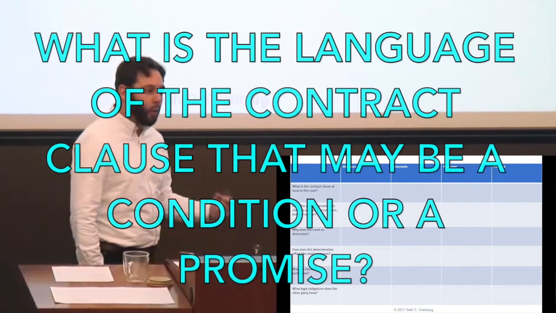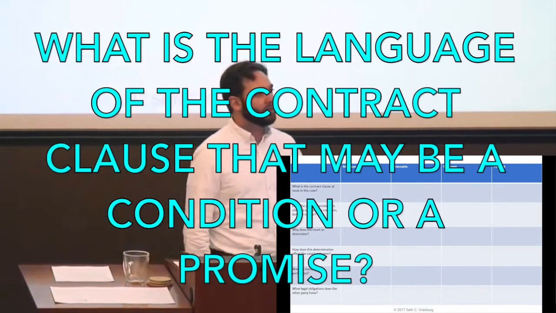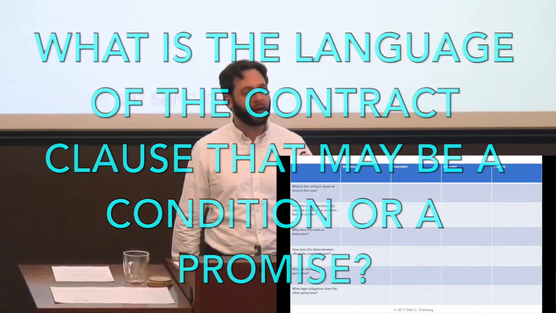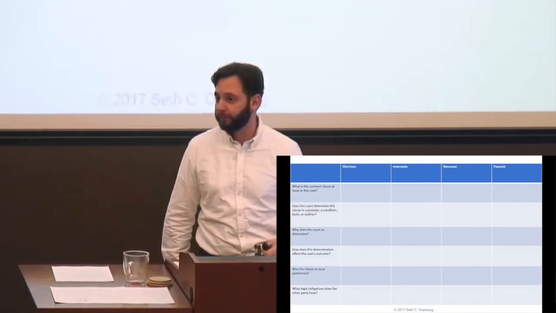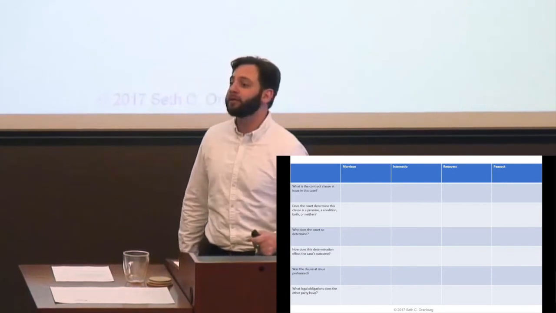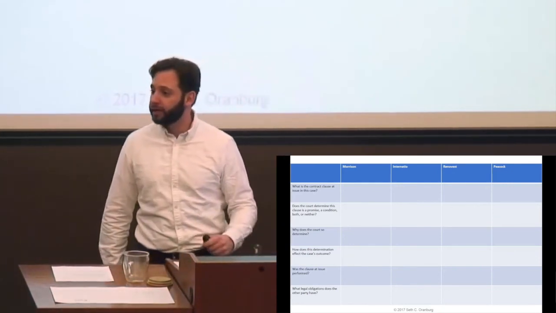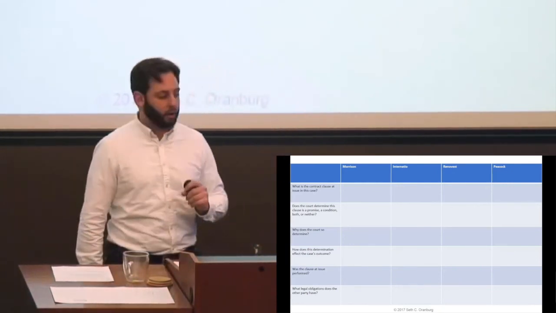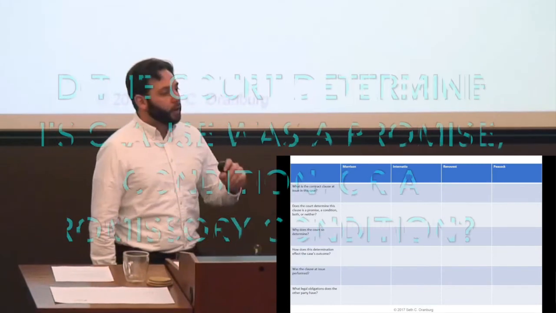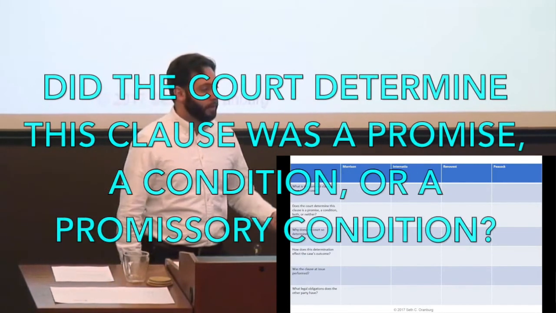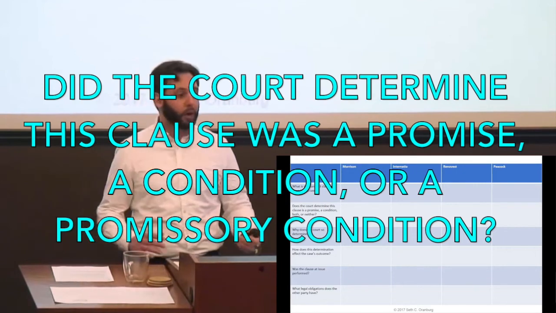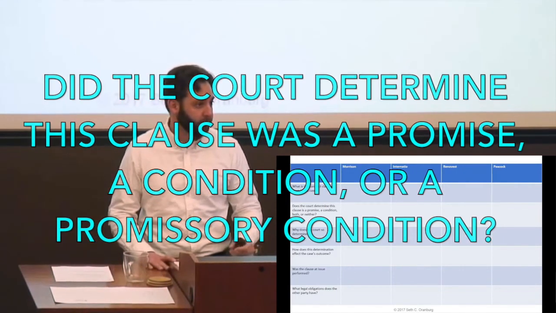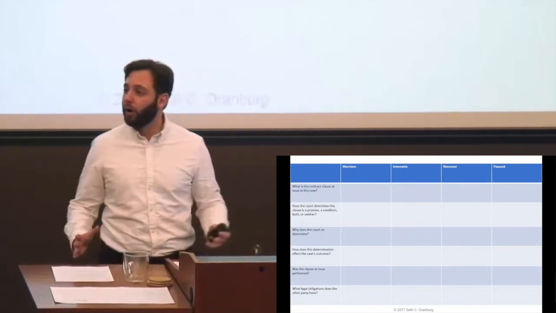I want you to always highlight, write down, think about the contract clause, because we have to read the contract first. Reading the contract would be the best evidence of what the parties thought and intended and probably get you to the right result, although not always. I want you to answer, did the court call this a promise, a condition, both, meaning a promissory condition, or neither? Right? We had examples of all the above.